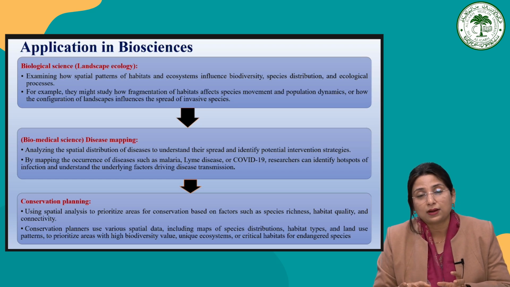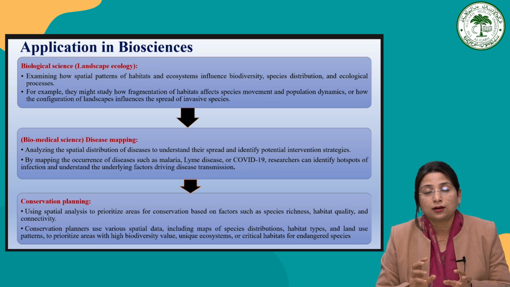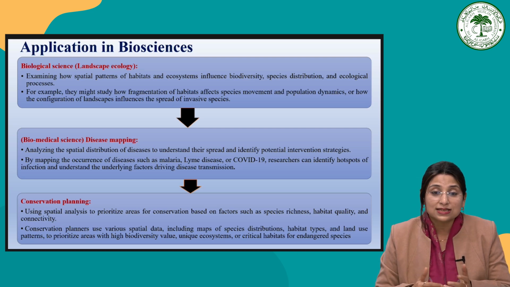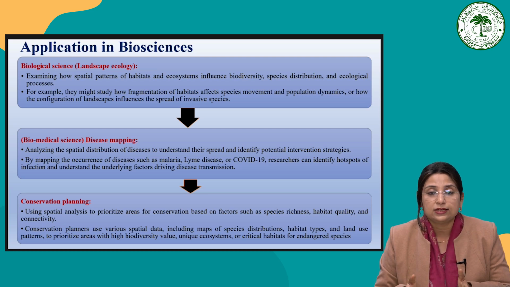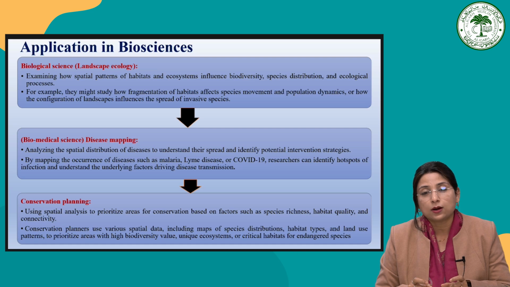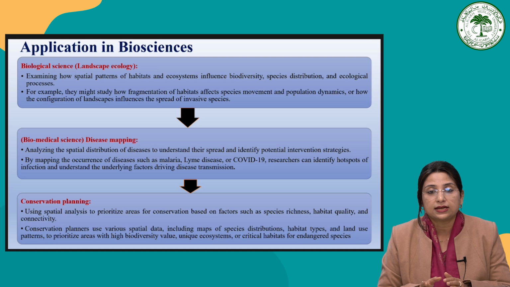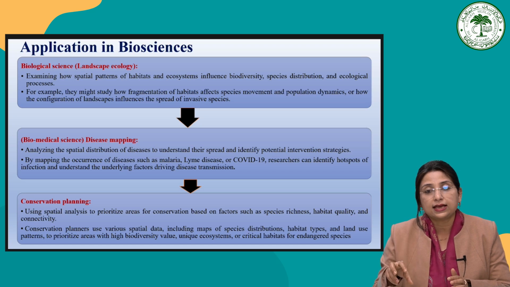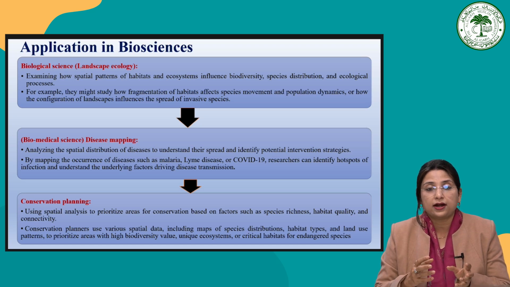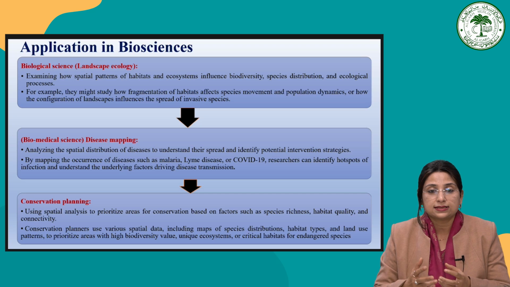So conservation planning particularly aims to protect and sustainably manage biodiversity and the ecosystem. Here spatial analysis plays a very important role, and mainly it is used by conservation planners, who use various spatial data, including maps of species distribution, their habitat types, their land use pattern, and they can even find out the vulnerable zones and where the priority of planning is needed.